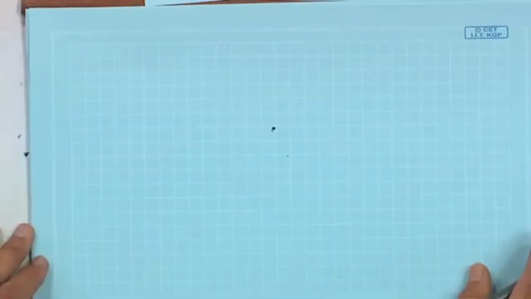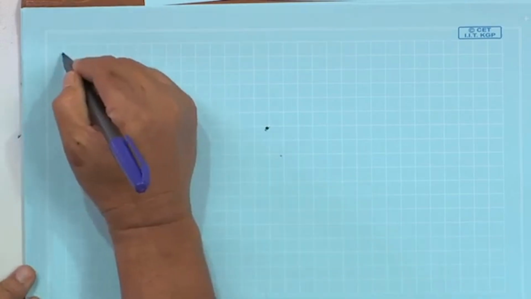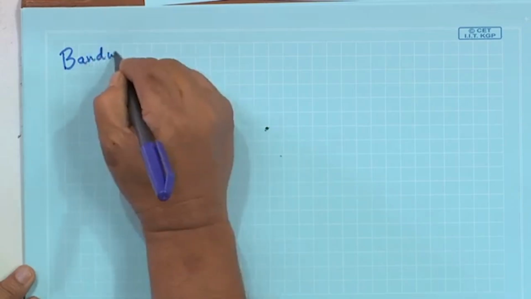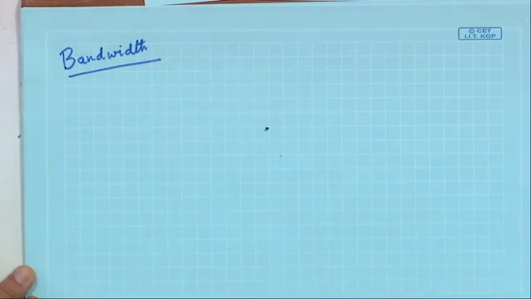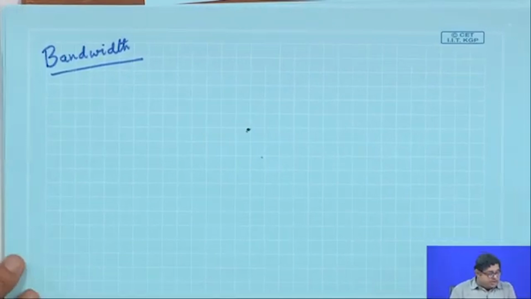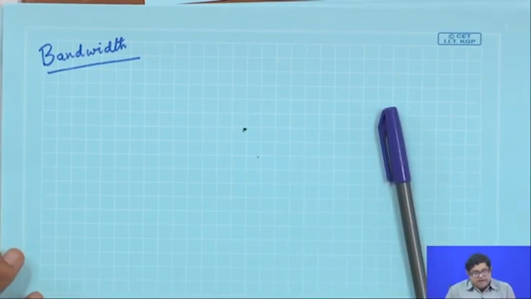Now, next comes another specification. For any electronic system this is important, and it is a related term, do not get confused: it is bandwidth. So, we have seen beam width, now we will discuss bandwidth. Now, what is the bandwidth definition?